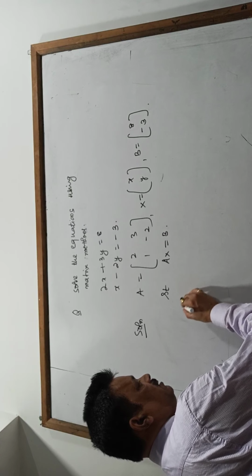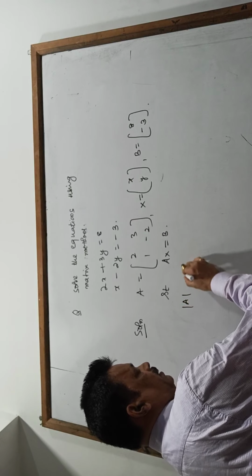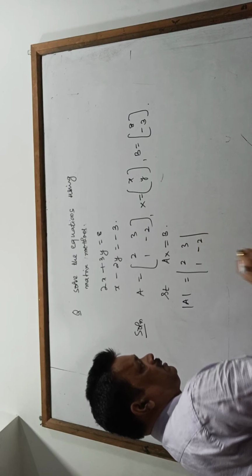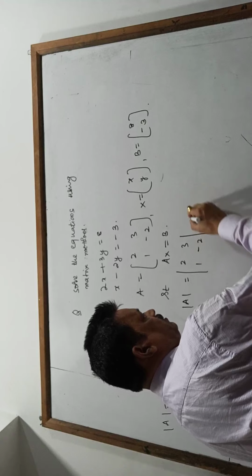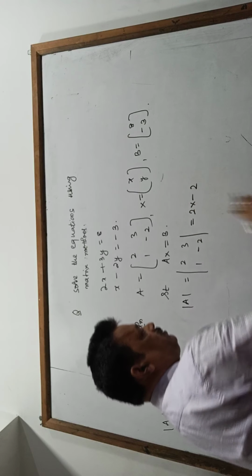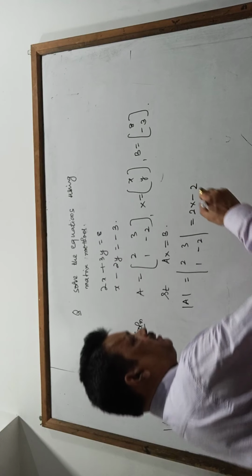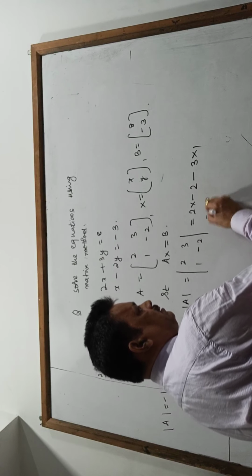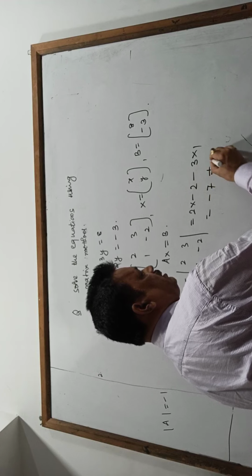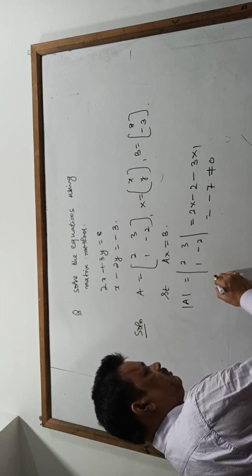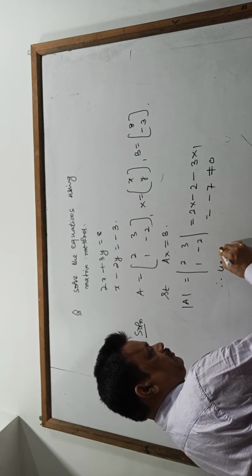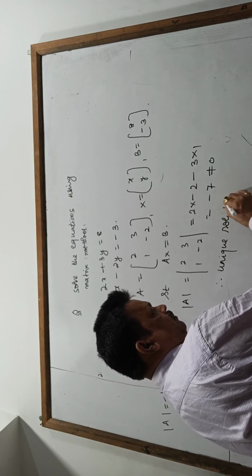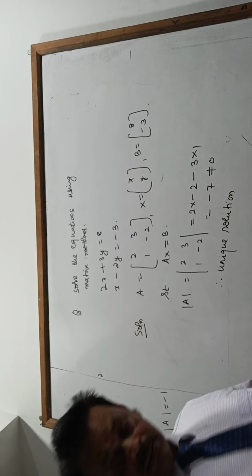Find the determinant of A. That is 2, 3, 1, minus 2. If you multiply 2 into minus 2, minus 3 into 1, so that is minus 7, not 0. So unique solution. So how to find unique solution?